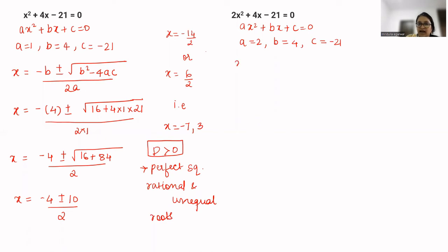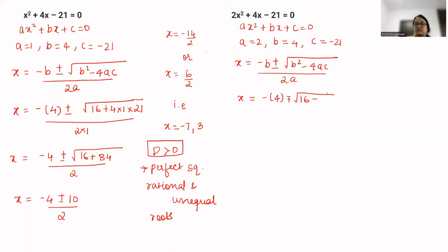Again, the root formula: x is equal to minus b plus minus square root of b square minus 4ac upon 2a. Let us substitute those values. So we have minus 4 plus minus square root of b square, that is 16, minus 4ac. So we have 4 into 2, that is 8, into minus 21.